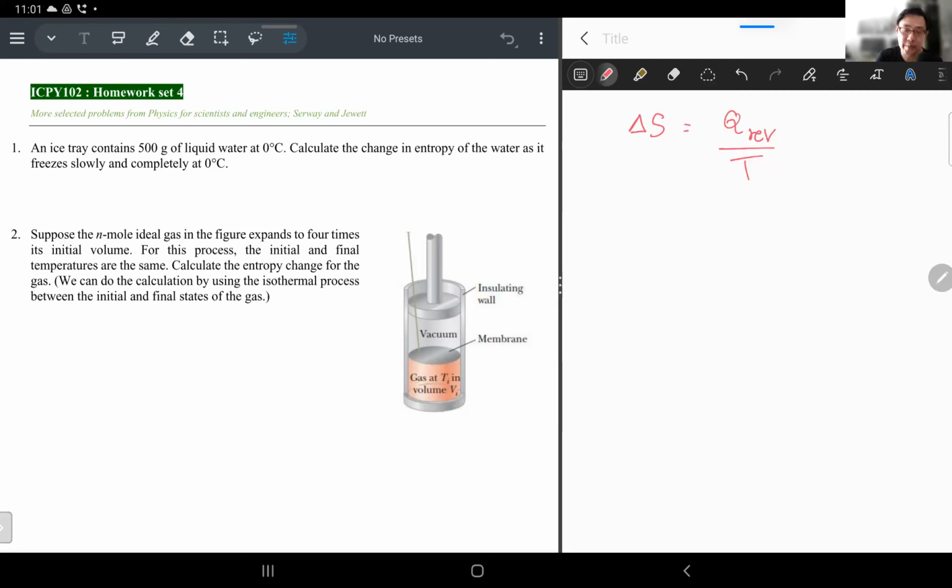Keep in mind that, like in the first law of thermodynamics, you calculate the change of the internal energy, the delta U, not just U itself. Same idea over here, but now the ratio is with respect to the temperature.